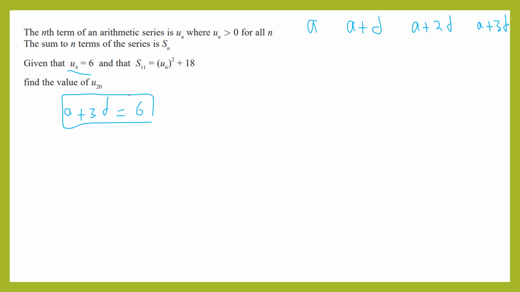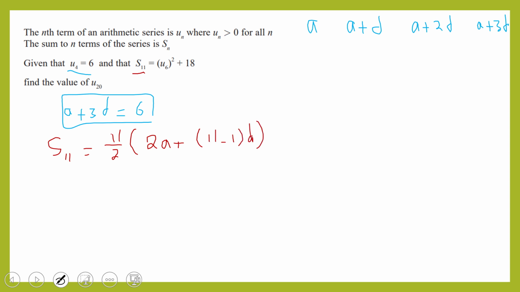Then we have S11 equals u6 squared plus 18. So mainly, what is S11? S11 means you replace n by 11, so it will be 11 over 2 multiplied by 2a plus 11 minus 1 multiplied by d. This is the value of S11.